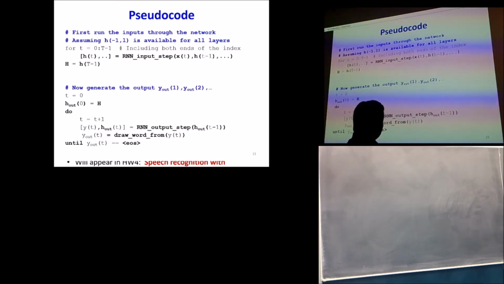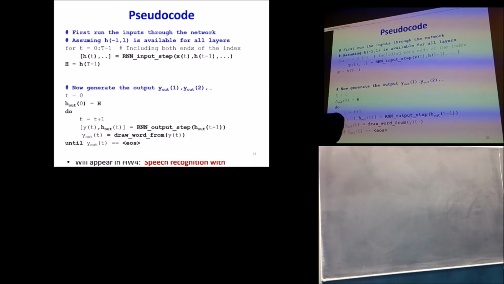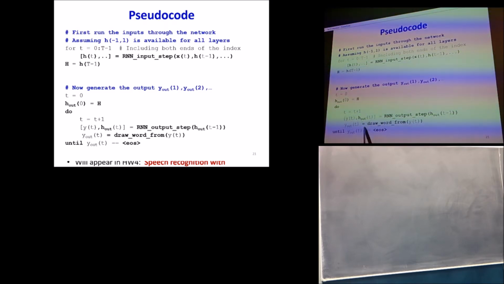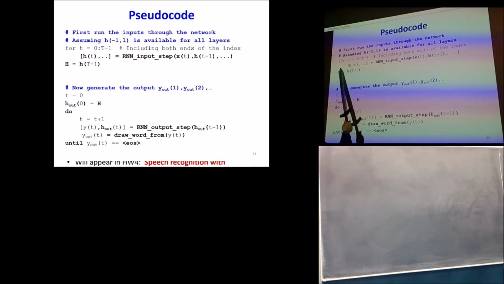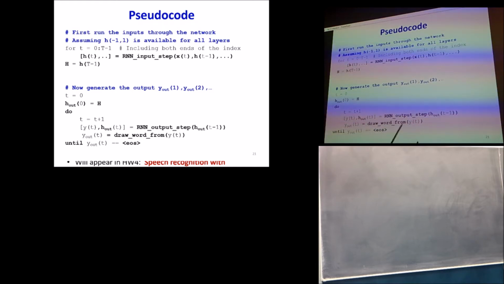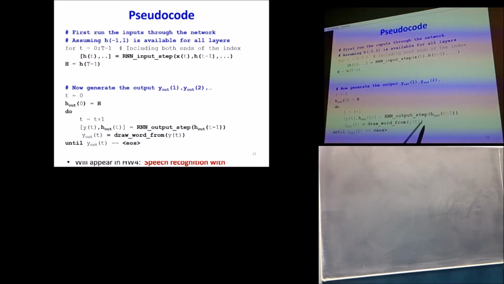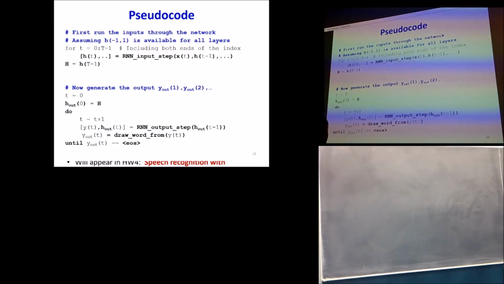Here's how it would be if you were to write it in pseudocode. The first pass would compute the hidden representation after having consumed the entire input. And subsequently, you have a standard recurrent model which just considers the hidden value at the previous time and uses that to generate a probability distribution from which you can draw the next word.